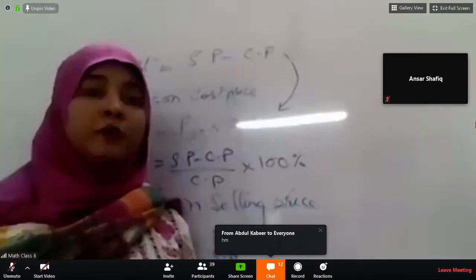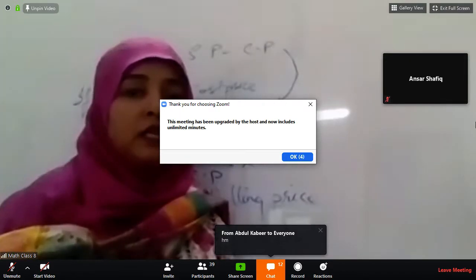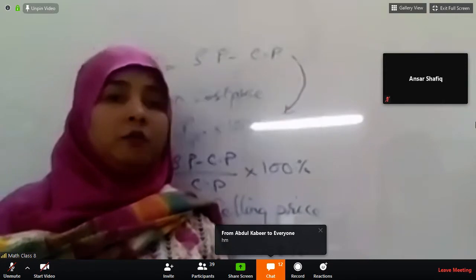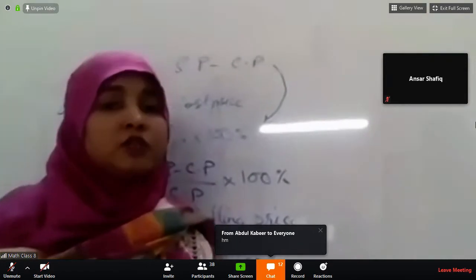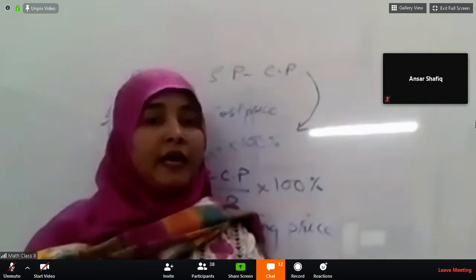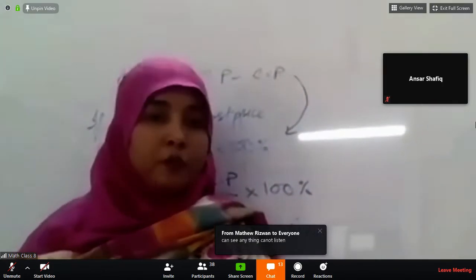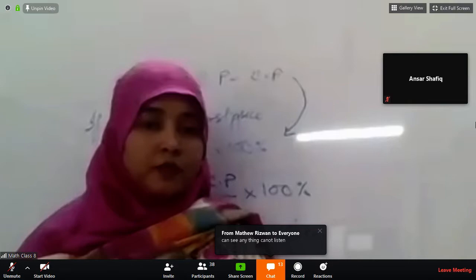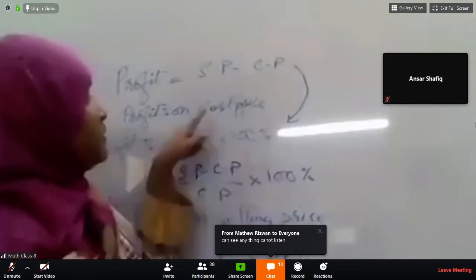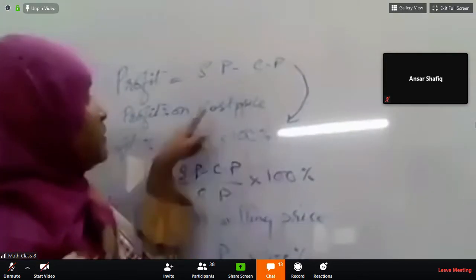Suppose the cost of the box is 150, and now they were selling at 180, means they are getting a profit of 30 rupees. But now they are taking a profit more than its cost price. That is the difference between the profit percent on cost price and profit percent on selling price.